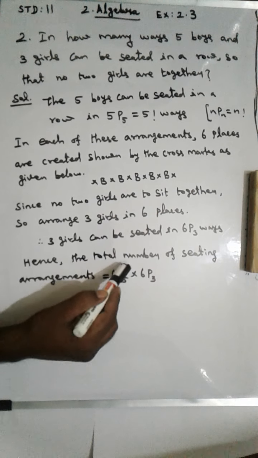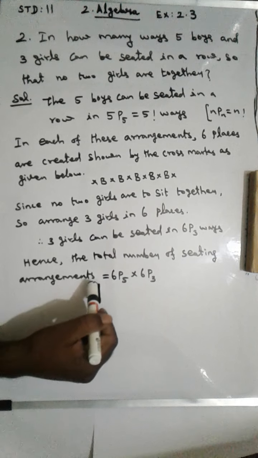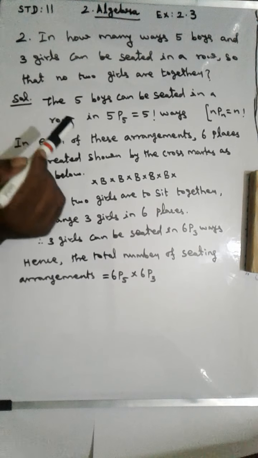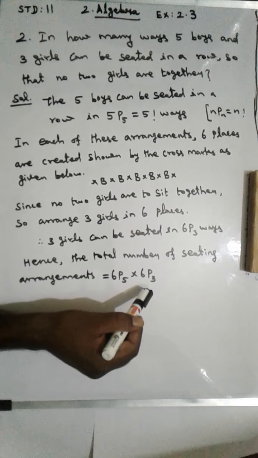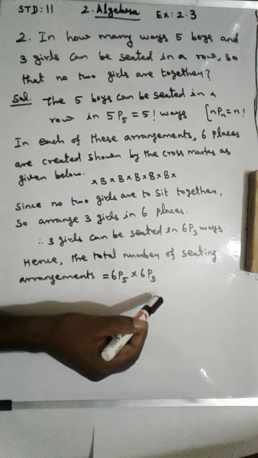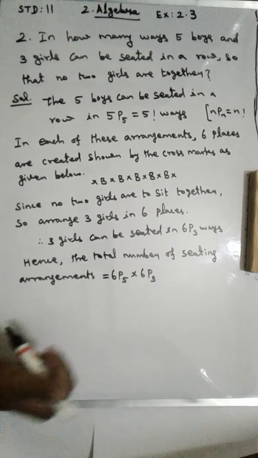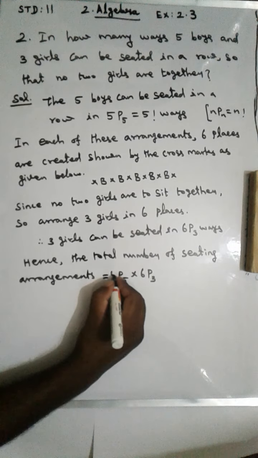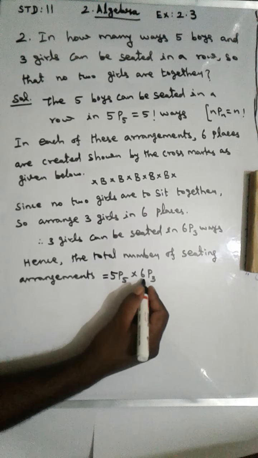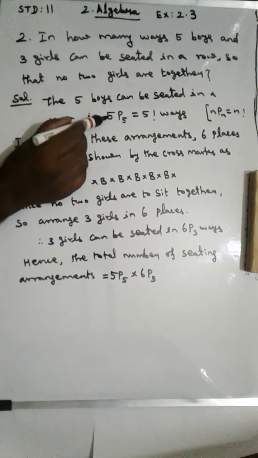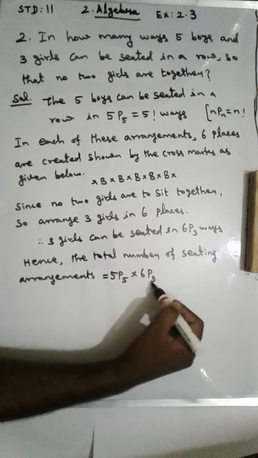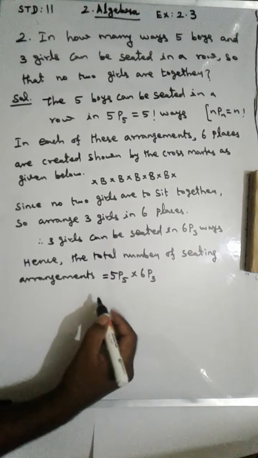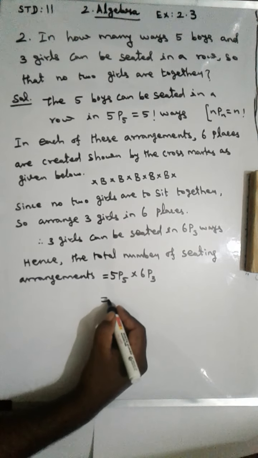Hence, the total number of seating arrangements equals 5P5 into 6P3. So we should find out this value.